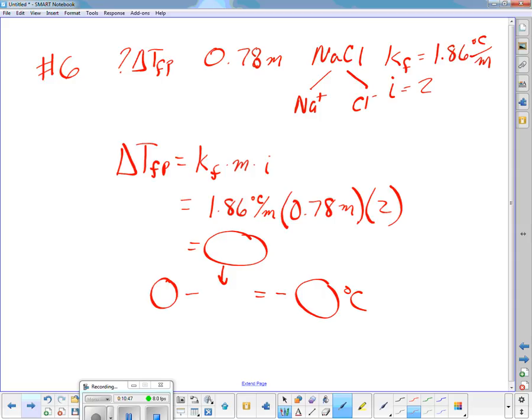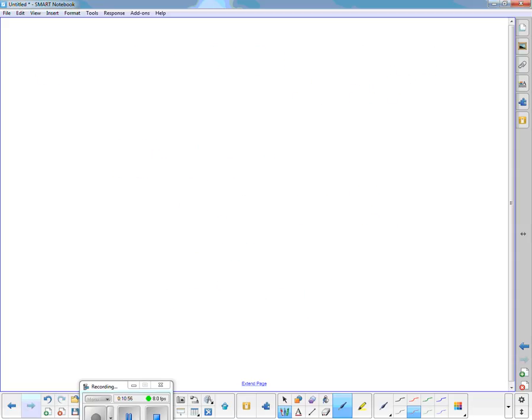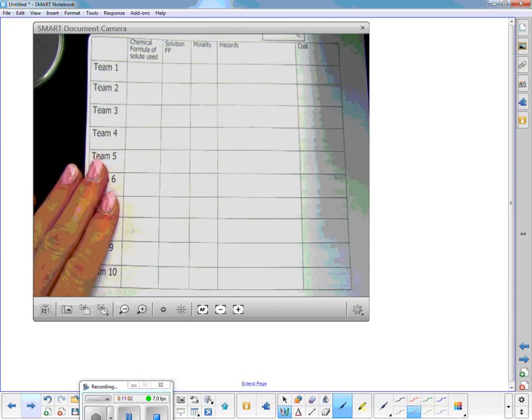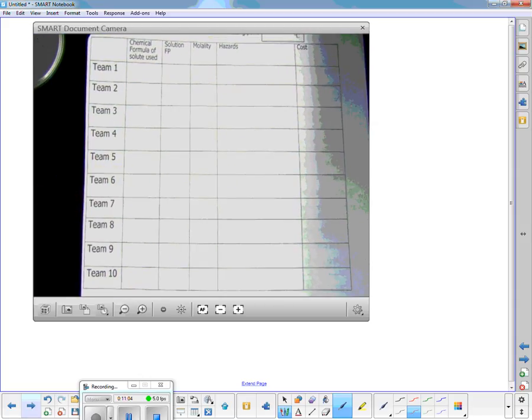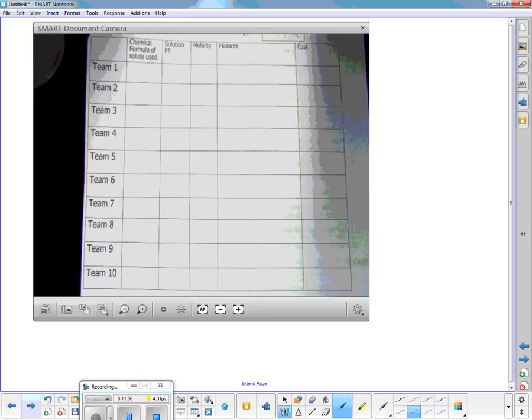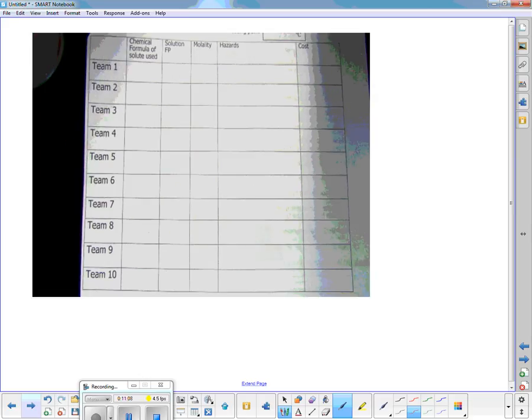Nope, it should be fairly easy. Okay, what I'm going to do is put up the grid that we need to fill out for the lab on the board here. And I want you to fill out your part of this grid. You need to research all of it.